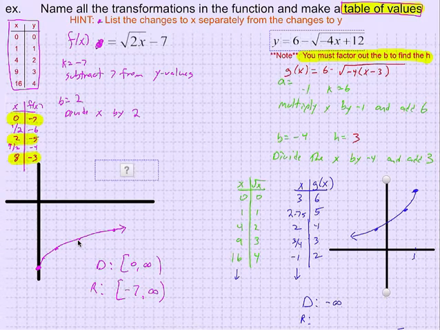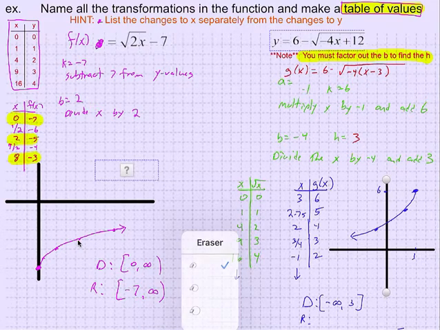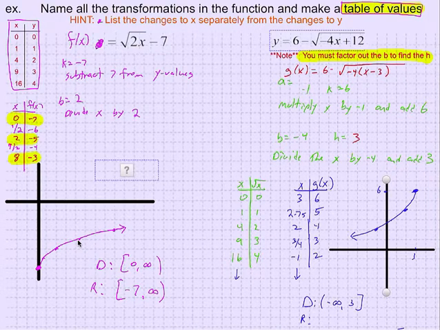So it's from negative infinity to 3 is the domain. And the y values get up as high as 6, so it's from negative infinity. And let me just correct this real quickly. That should be a parenthesis. From negative infinity to 6.